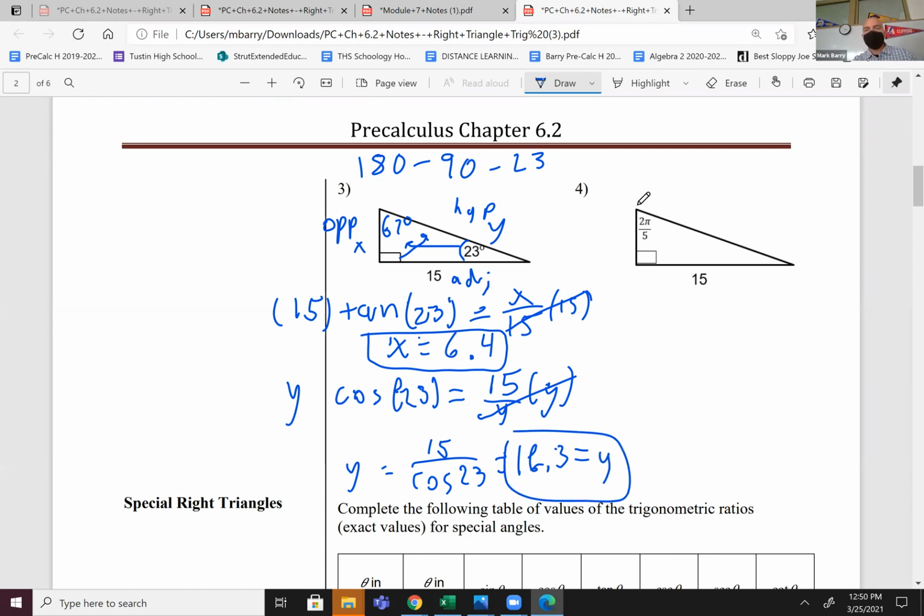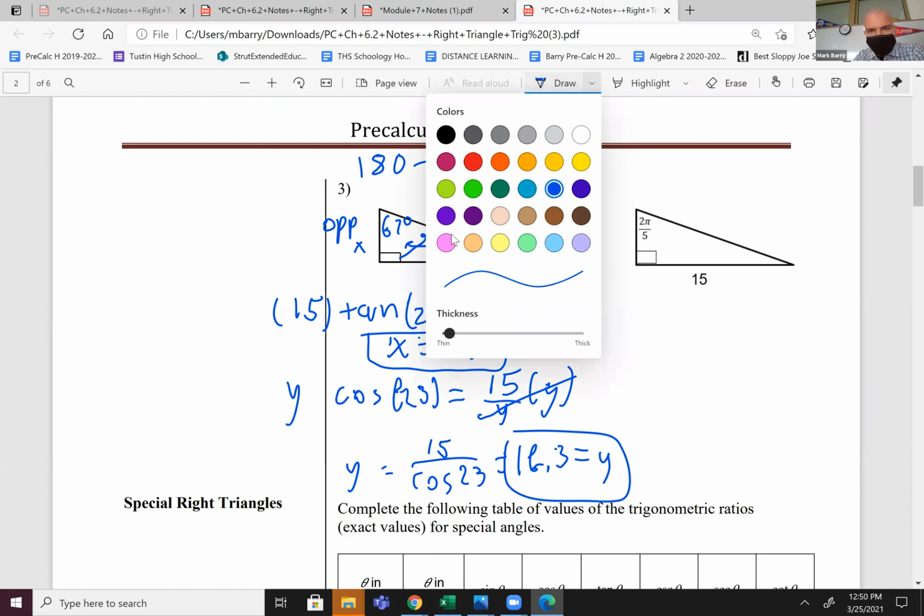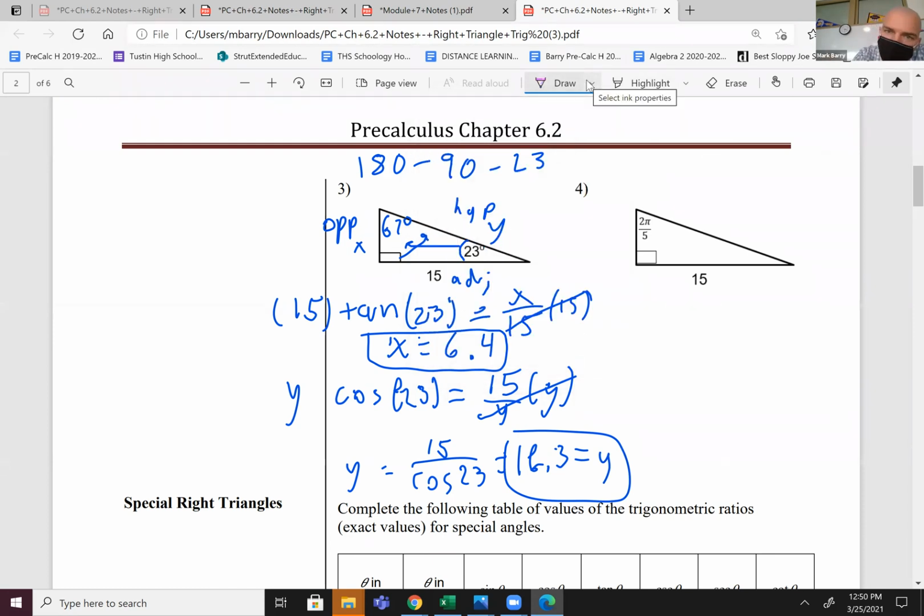A quick note: if I filled all of these out up here, this one would be 16.3 and this one would be 6.4. A good check for your work on these, that I always do, is a good property about triangles: the biggest side is always opposite the biggest angle, the smallest side is always opposite the smallest angle, and the middle goes with the middle.